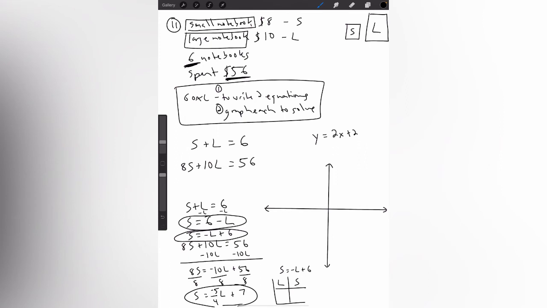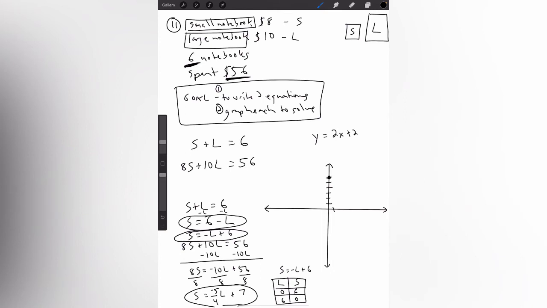If I add a couple points in here, let's see, maybe I try 0, and I'm just looking at this number, 6. I can get an easy number there. So 0 plus 6 gives me 6. And then negative 6 plus 6 is 0. So I have a positive 6: 1, 2, 3, 4, 5, 6.